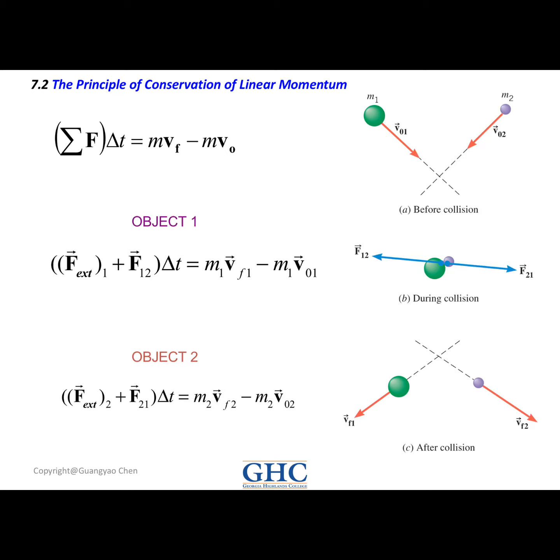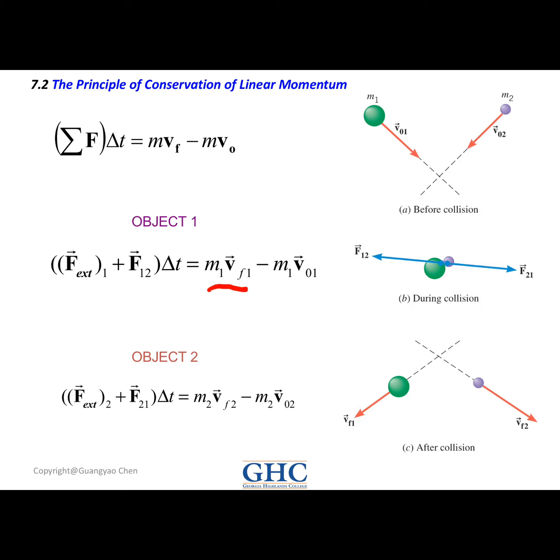Now let's have a look at using the impulse momentum theorem to look at the motion of those two balls. So we have ball 1, M1. The momentum change of ball 1 from the impulse momentum theorem should equal the total force acting on ball 1.